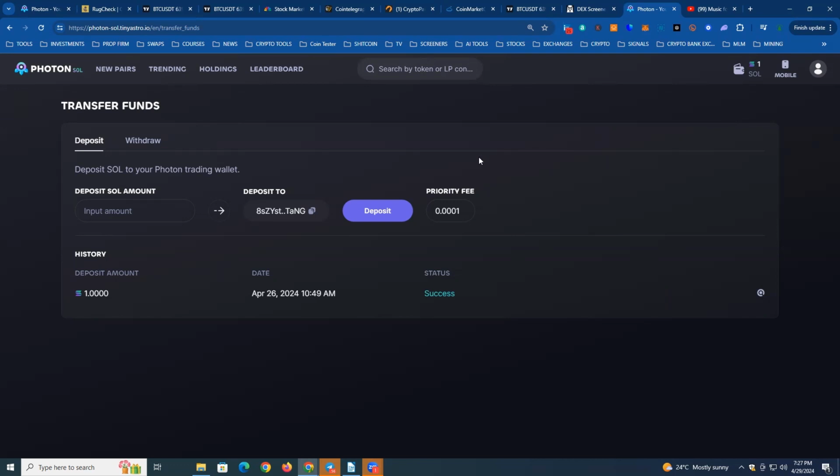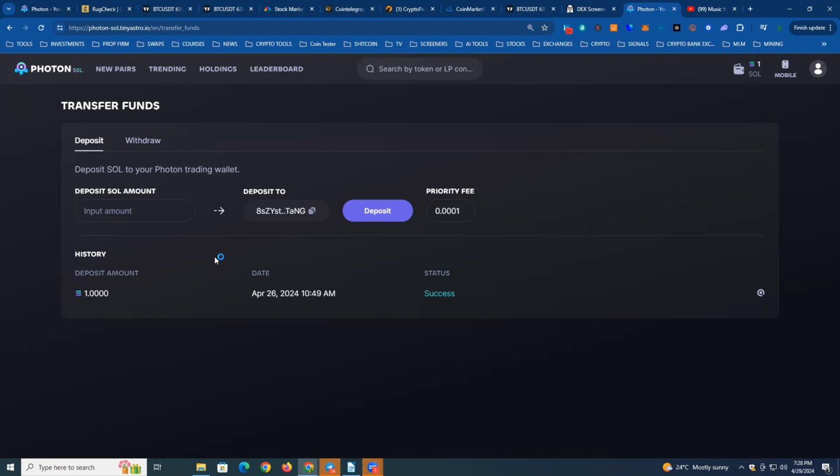Now, when you are ready to load monies into the Photon platform, you would simply move it from your Phantom wallet by depositing it right here into your Photon wallet. As you can see, I made a deposit of 1 Solana on April 26th at 10:49 a.m. from my Phantom wallet into the Photon platform.